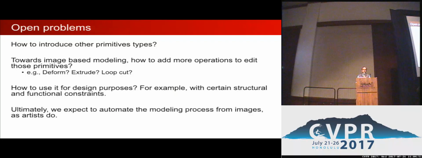So I think this use for design is a very interesting possibility of this representation. I think a point cloud representation is not so great for design, but this is, because this gives you natural handles by which to modify the shape. And again, it'd be nice to automate this more like artists do.